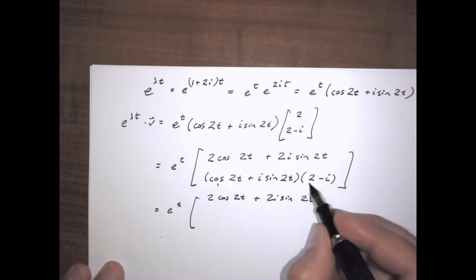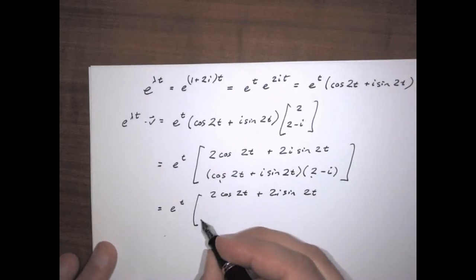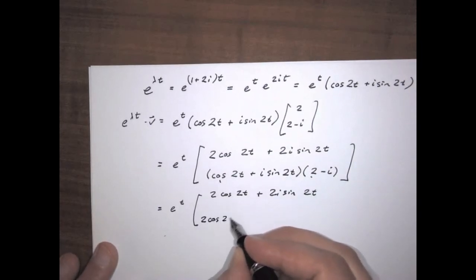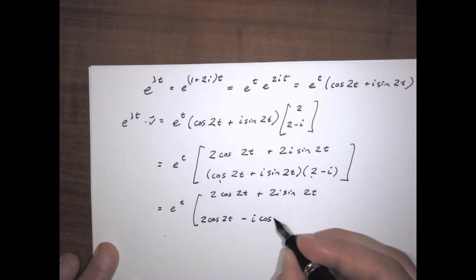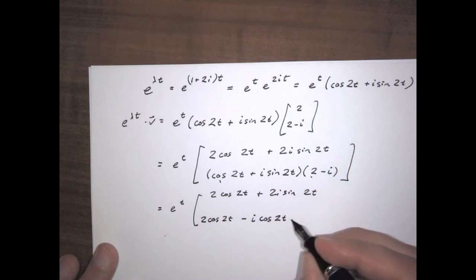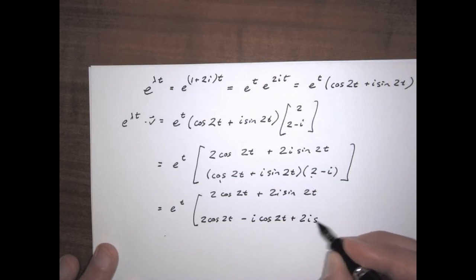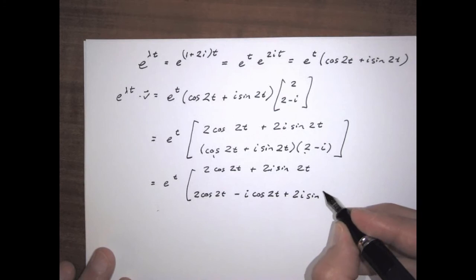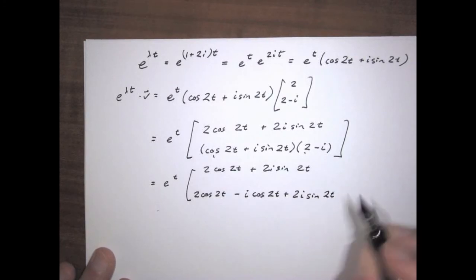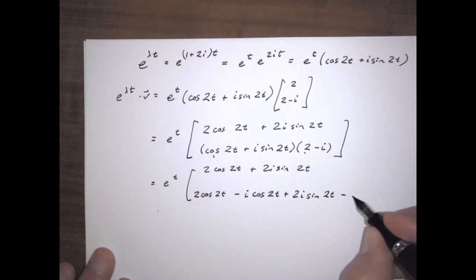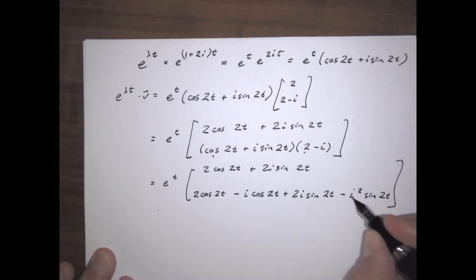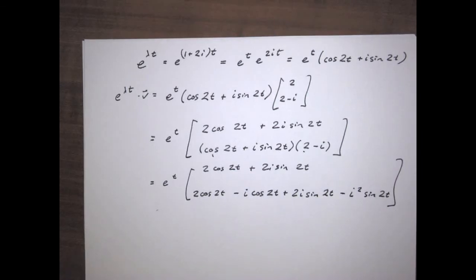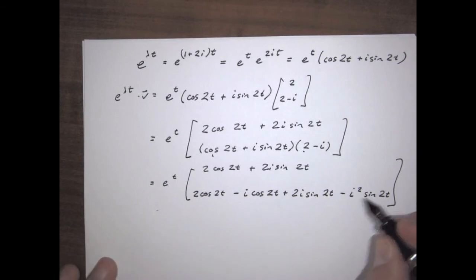Now down here, multiply those out, and we're going to have 2 cosine 2t minus i cosine 2t plus 2i sine 2t, and then minus i squared sine 2t, but minus i squared is actually just 1.